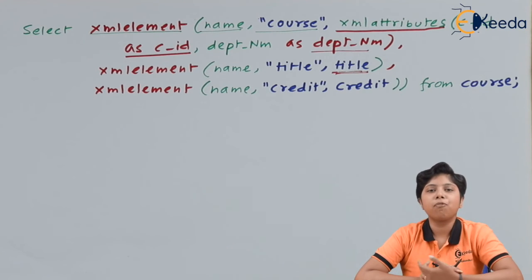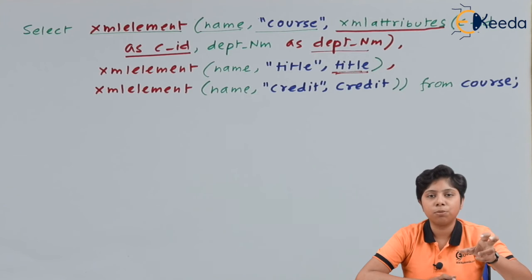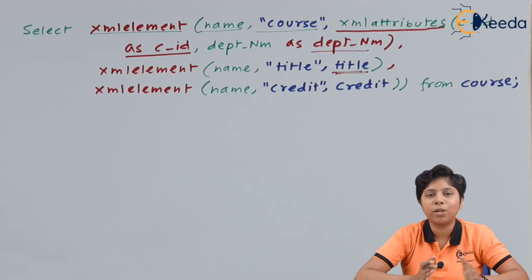Now, XML forest is another collection that we can use in place of XML element and attribute. The XML forest is used just like the XML attributes, but the difference is that XML attributes create a collection of attributes for an element, whereas the XML forest creates a collection of sub-elements to an element.